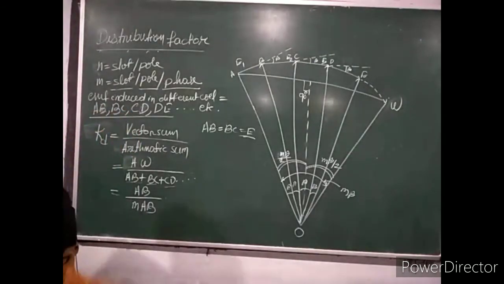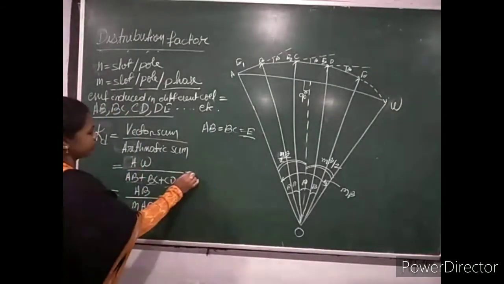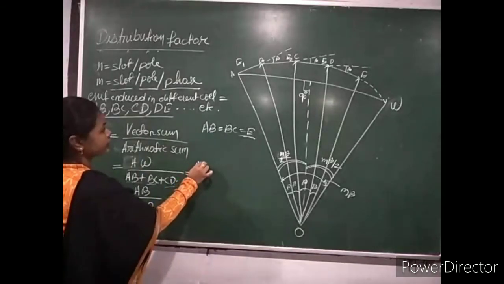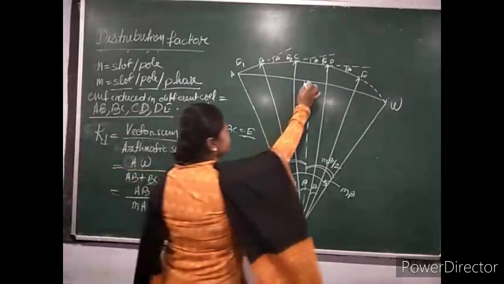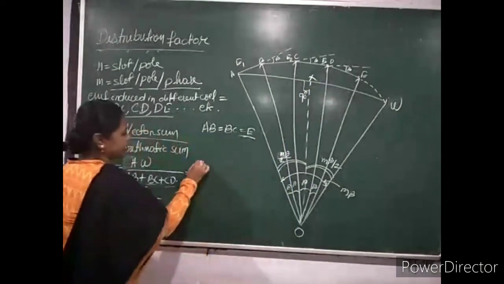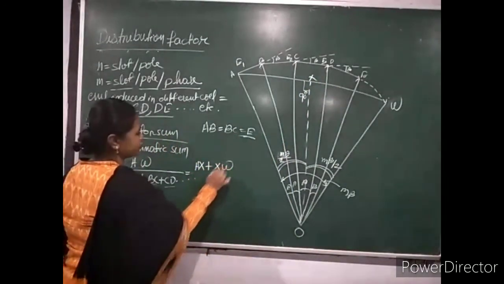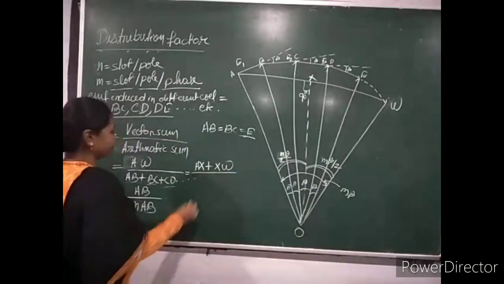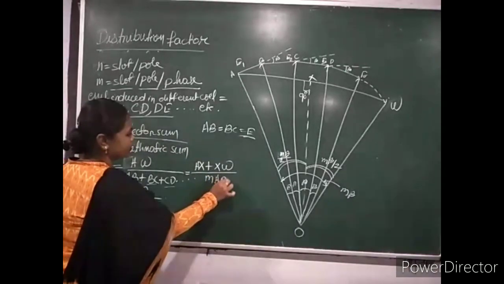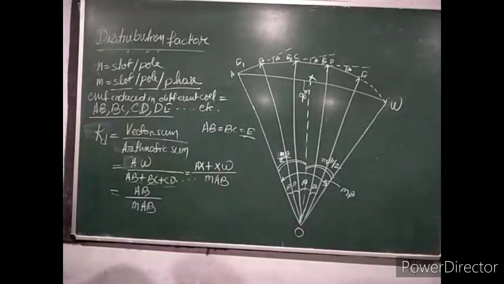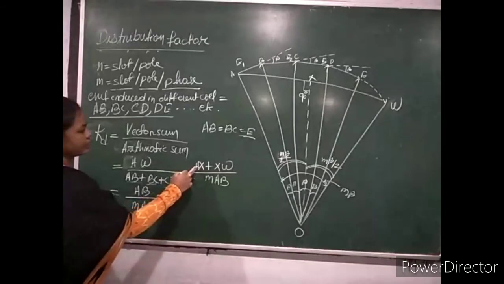Now how do you find AW? Suppose this one is X. AW is AX plus XW, divided by m AB.